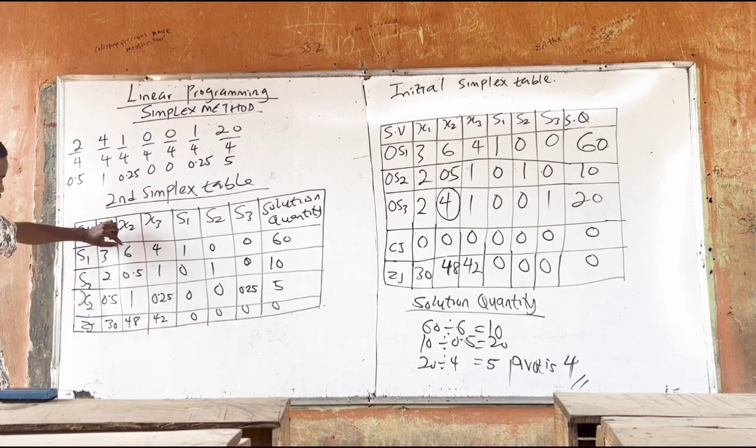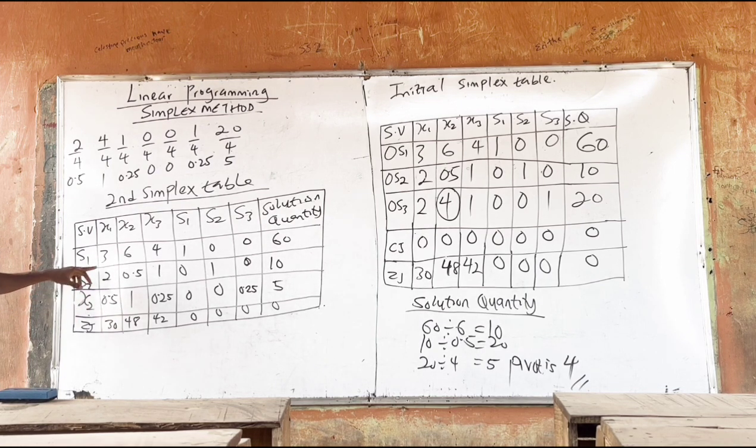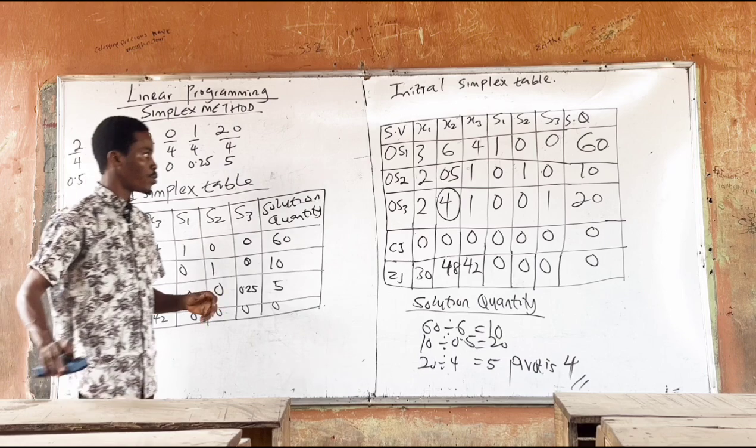How can I make this one 0? It means I have to form another table. From there, I can take my x1 row and subtract it from my pivot. So this now will be my old row in my third table. So watch.